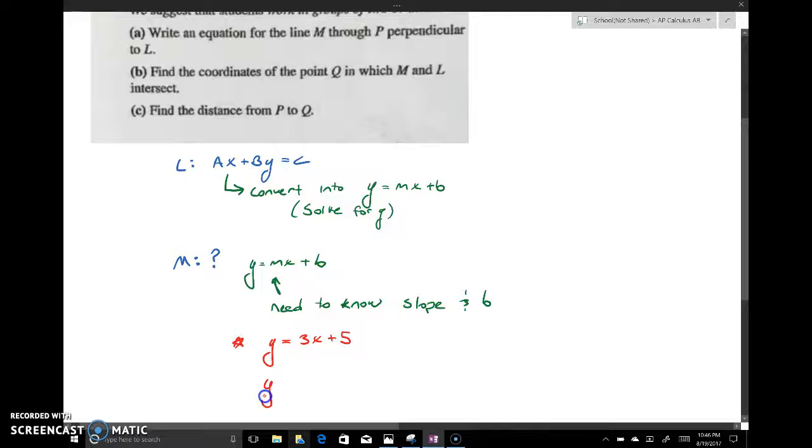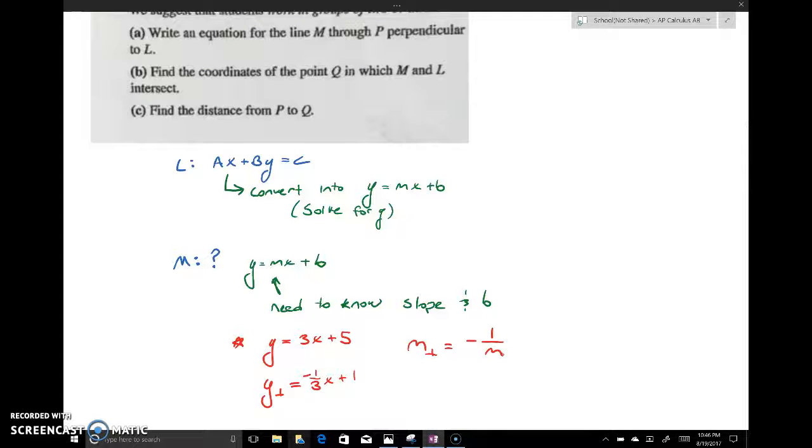If I have another line that's perpendicular to the first one, then it will have the negative reciprocal for its slope, and then its b could be whatever. So for two lines to be perpendicular, the perpendicular slope is equal to the opposite of the reciprocal of the first line's slope. Okay, so that's a fact that we can use.